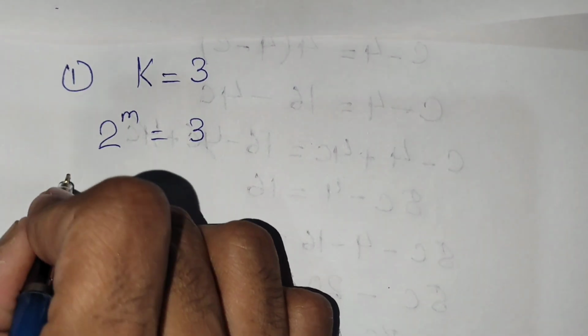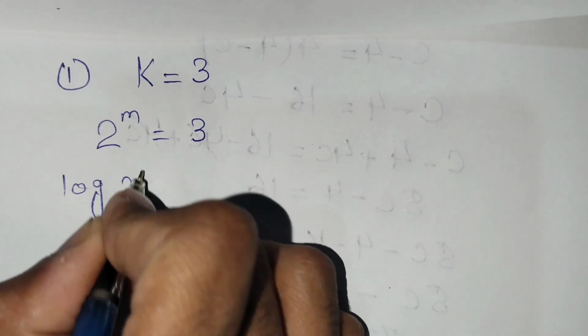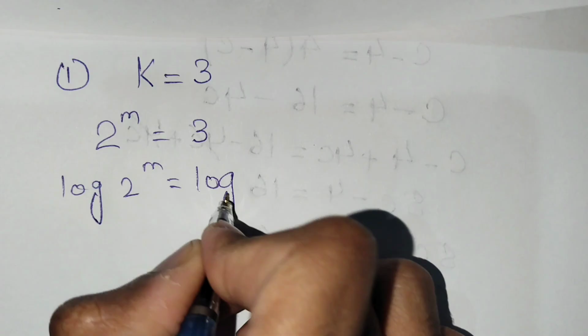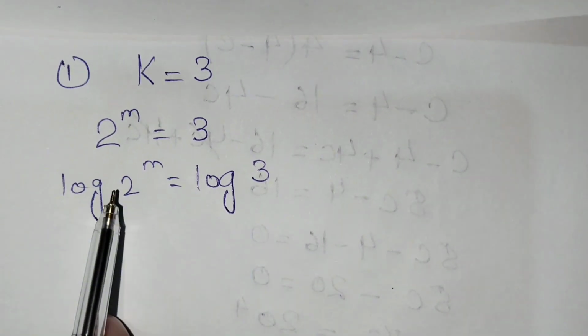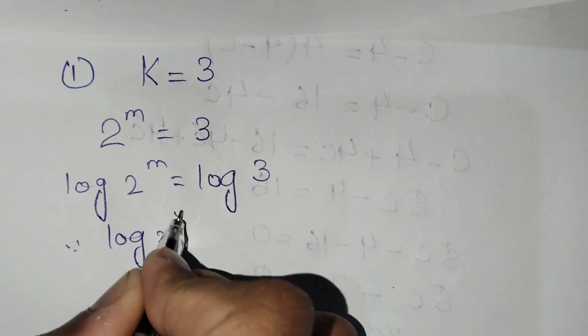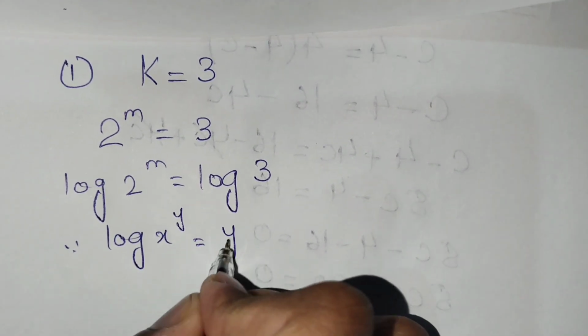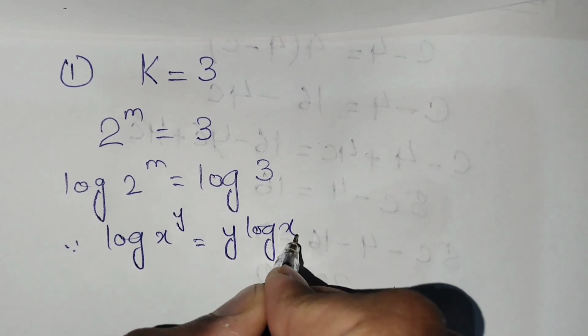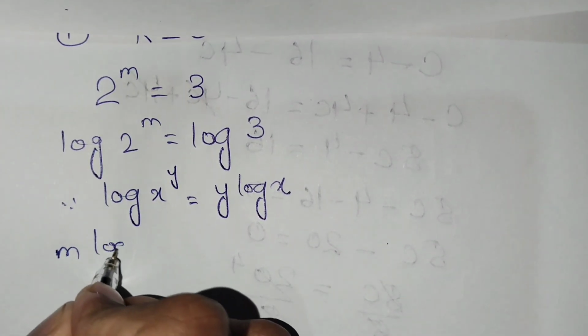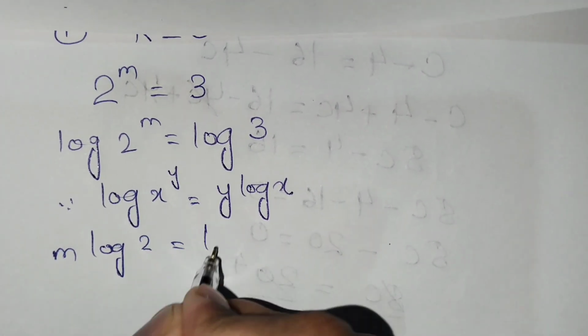Now take the logarithm on both sides of the equation. We will apply the power rule of log, that is log of x power y is equal to y times log of x. So this will be m times log of 2 is equal to log of 3.